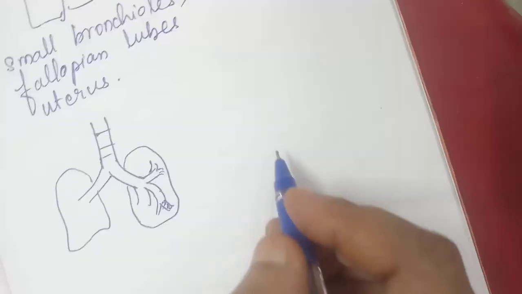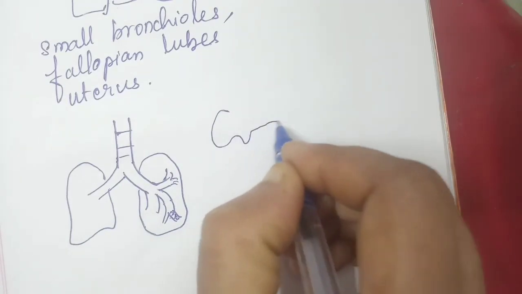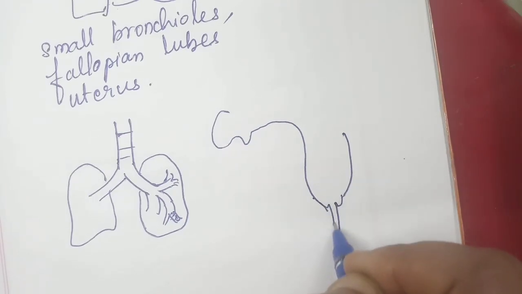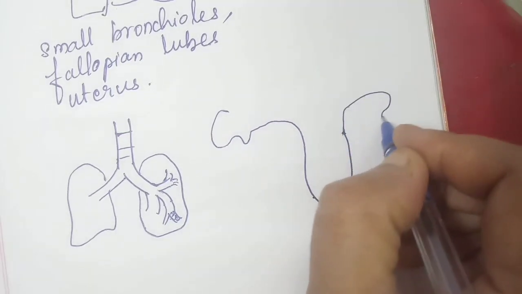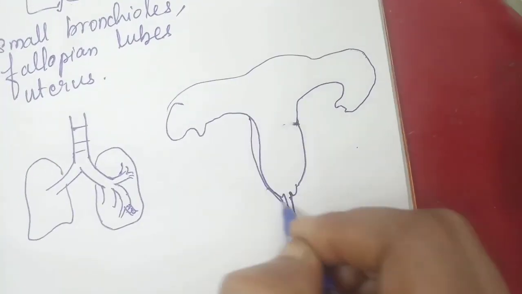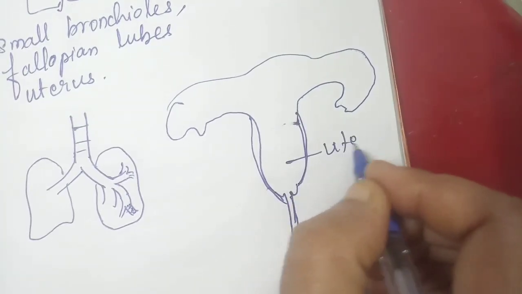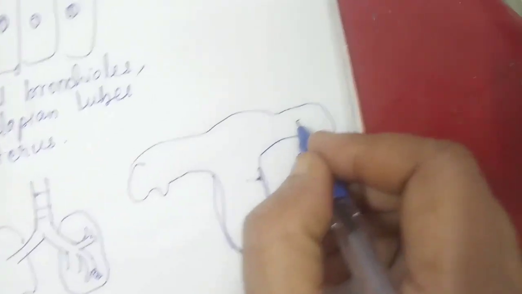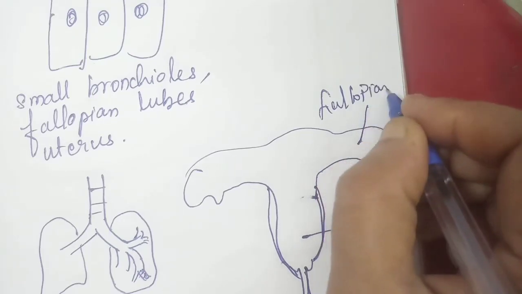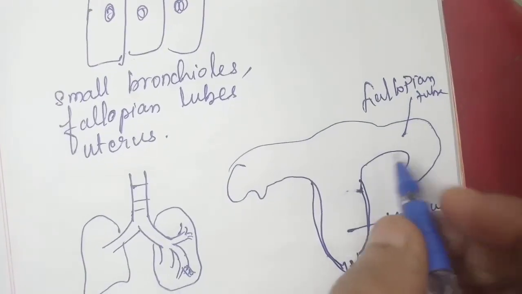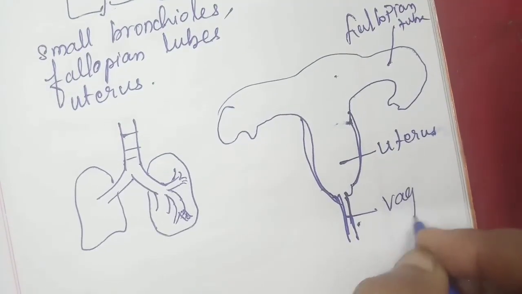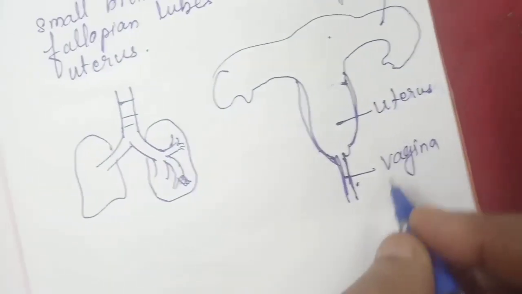I am going to draw the structure of the female reproductive part. Simply rough structure only. This is the uterus and this is the fallopian tube. And here is the vagina or birth canal.